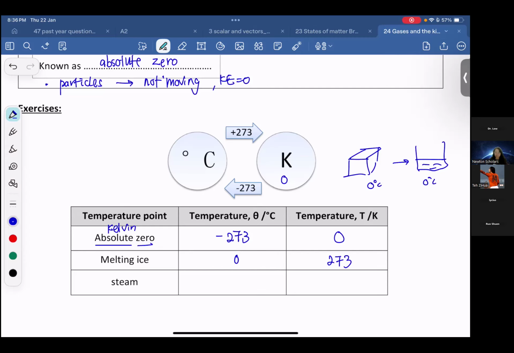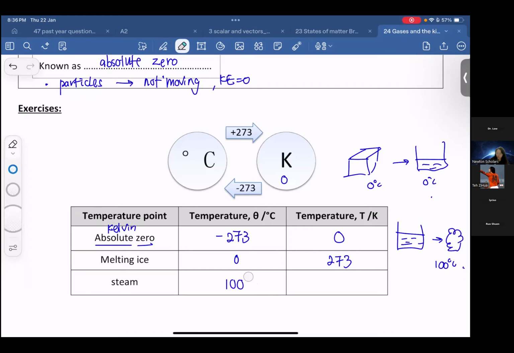Then steam, it converts from liquid to gas. Gas here is at 100 degrees Celsius. So 100 degrees Celsius in Kelvin is plus 273, so it should be 373 Kelvin. Okay, is that clear, dear?